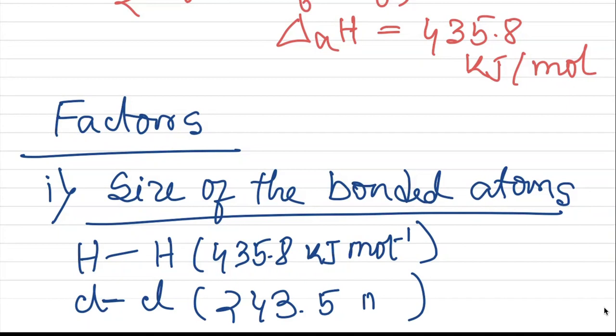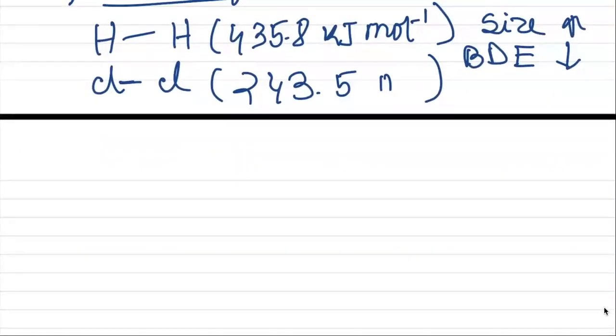The bond length is quite big, the strength of the bond is weaker than that of hydrogen, so it can be easily broken down. So if size increases, bond dissociation enthalpy decreases. Clear? Yes, ma'am.